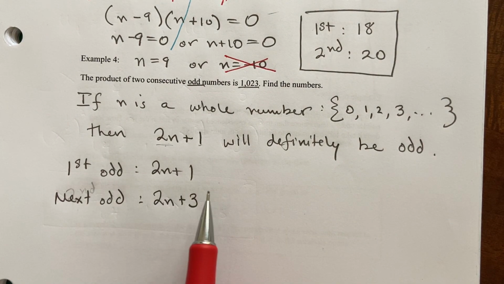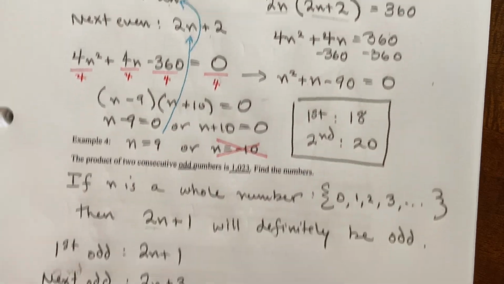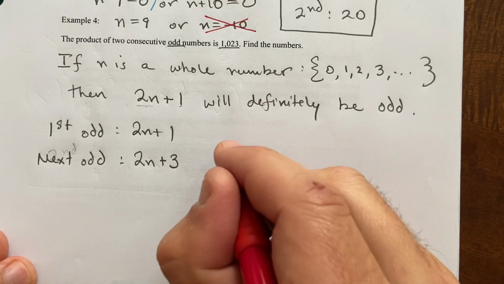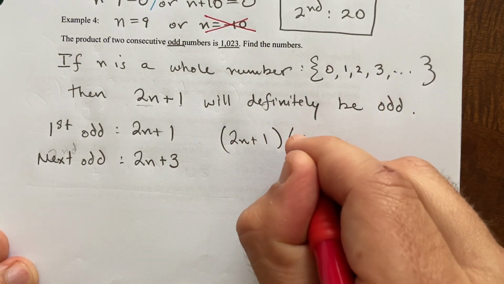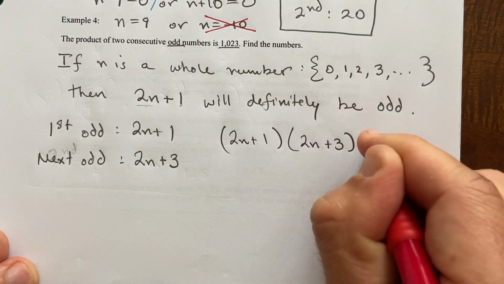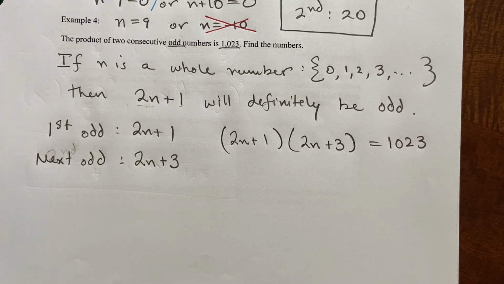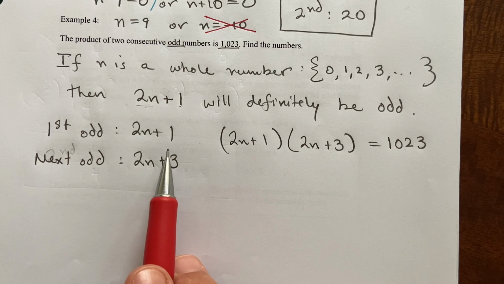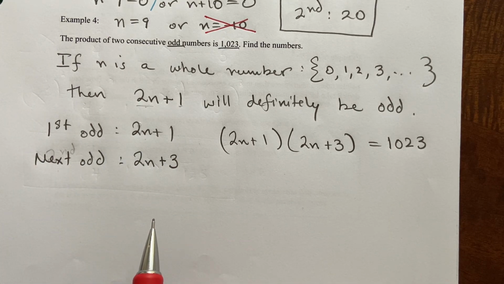Because we have to go 2 more to get another odd, just like we went 2 more to get another even. So what we're needing to solve is that 2n plus 1, the product of that and the next odd, should multiply up to 1023. This is the problem that we need to solve for n. Once we know n, we'll plug n here and here to actually figure out what these two numbers are.